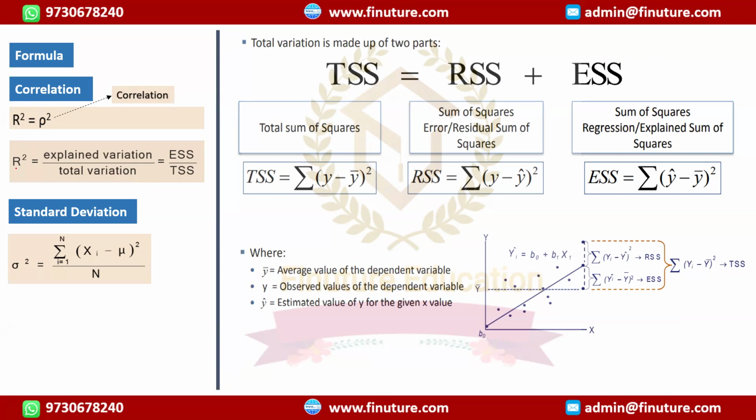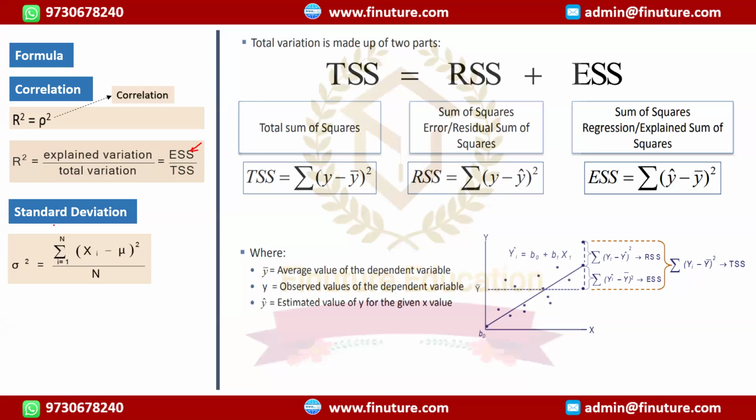And your R square is equal to the explained variation over the total sum of squares. That's the formula. I'll talk about this a bit because if you don't know these, you may not understand this thoroughly. So I'll just give you the context of this ESS and TSS as well.